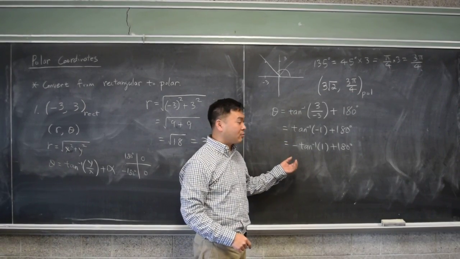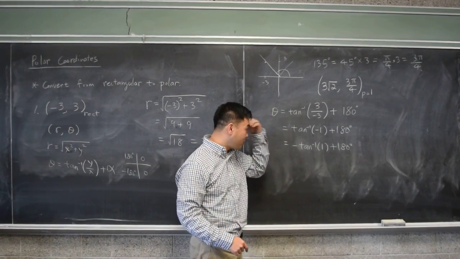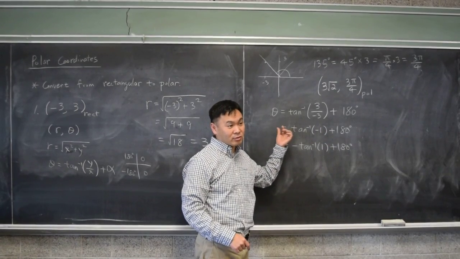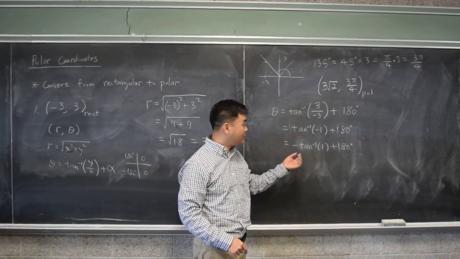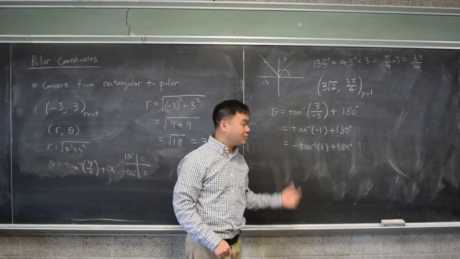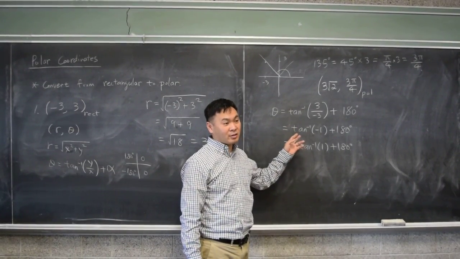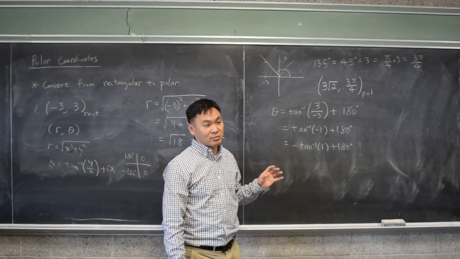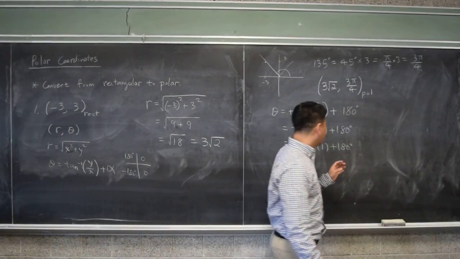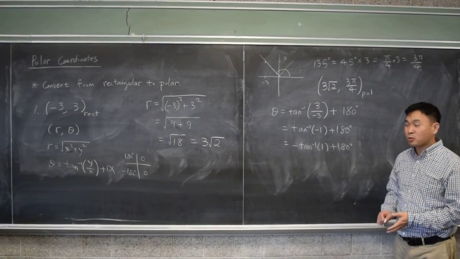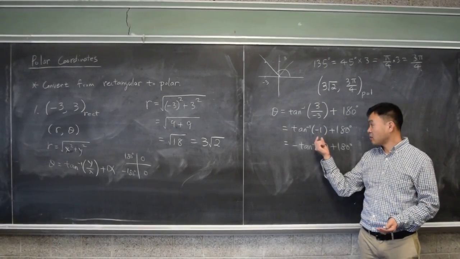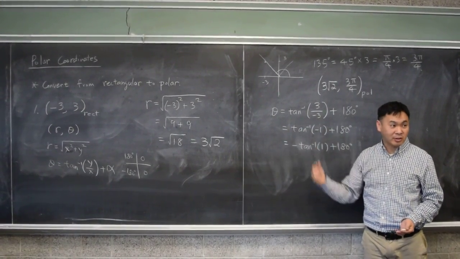So you have to be careful. When you take the cosine inverse, you can't take the minus outside. However, for tangent or sine, you can take the minus outside. That's because tangent and sine are what we call odd functions. Odd functions are functions whose properties allow the minus to come outside.